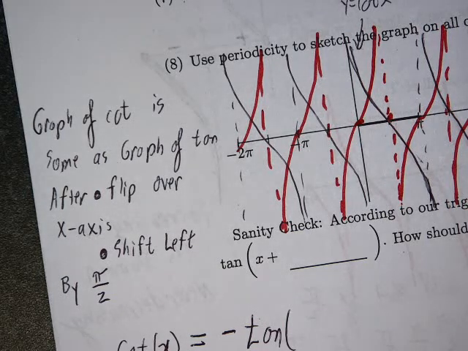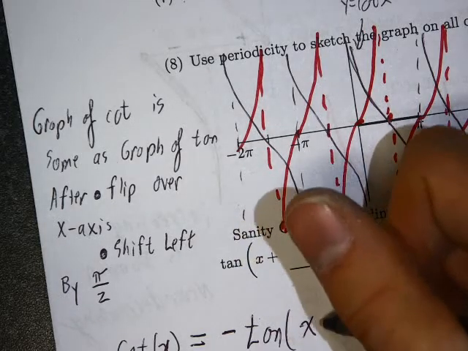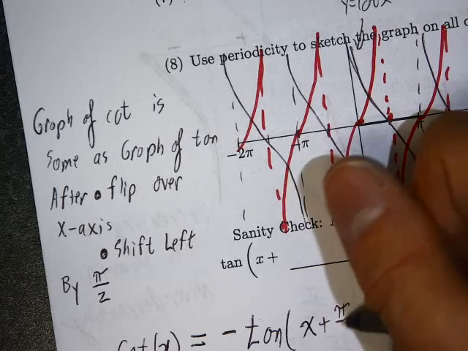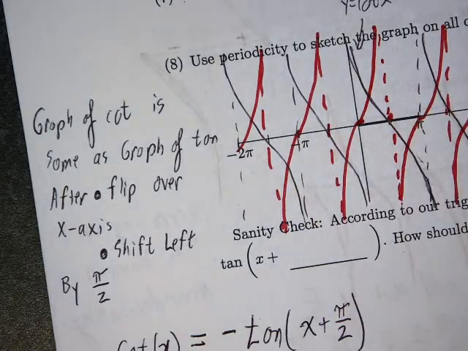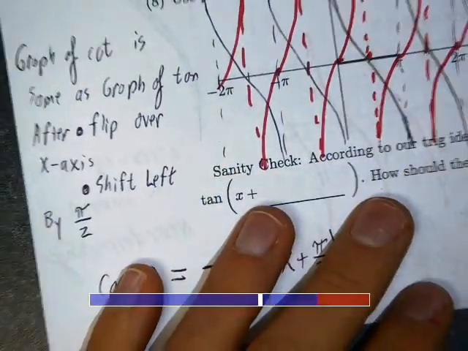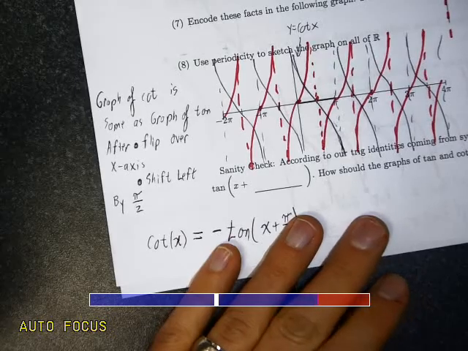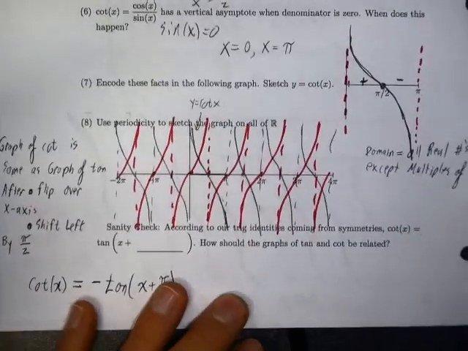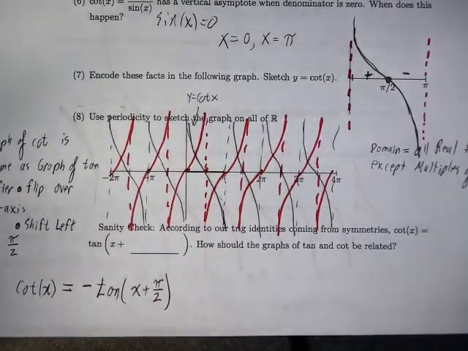How do you shift a function to the left by pi over 2? Yeah, you add pi over 2 to the x's. So apparently, cotangent of x should be the exact same as negative the tangent of x plus pi over 2.